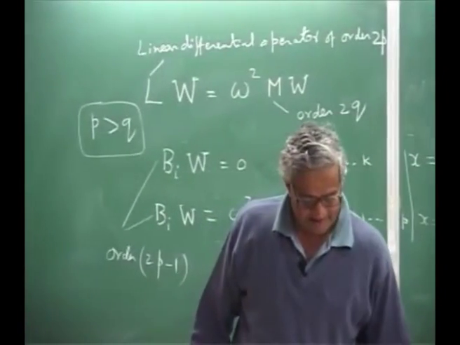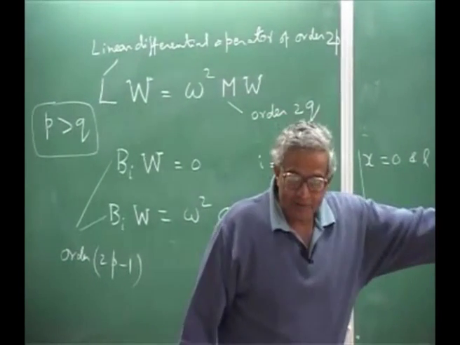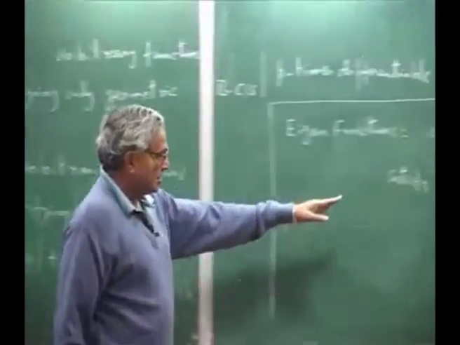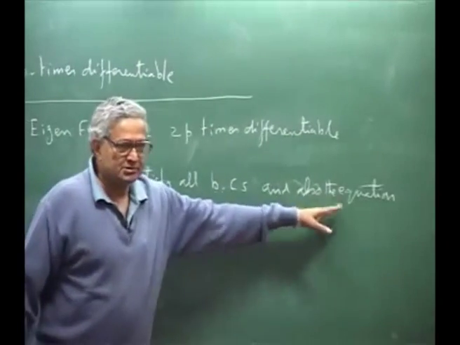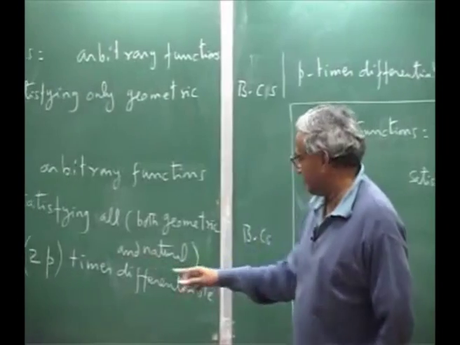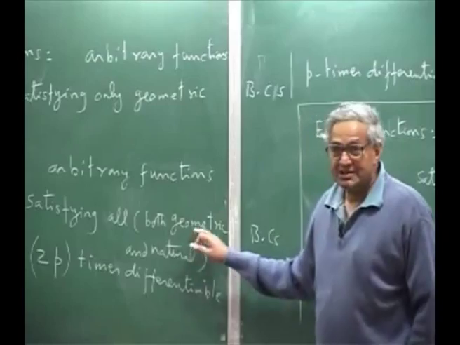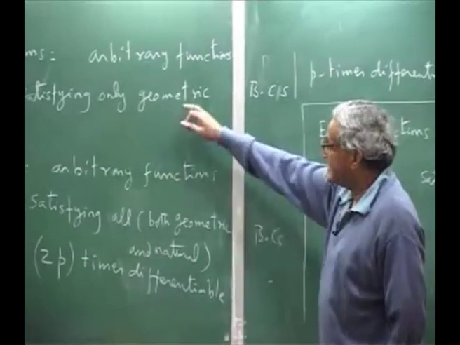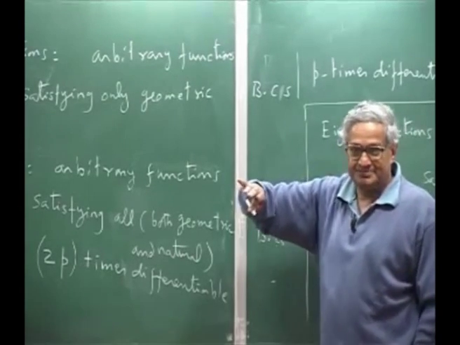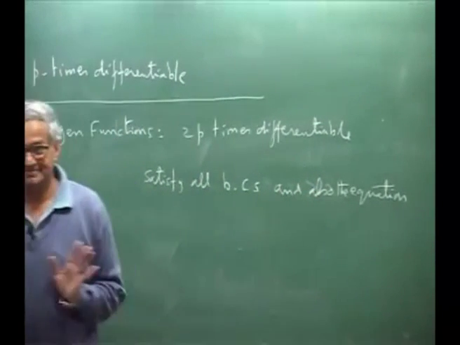That means that is the exact solution, because they satisfy all boundary conditions and also the equation, everything. Whereas here, I don't insist that the comparison functions be 2p times differentiable. They satisfy both geometric and natural boundary conditions. Here I say they satisfy only geometric boundary conditions, whereas here I say all boundary conditions, also the equation.